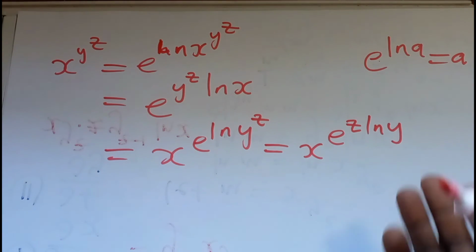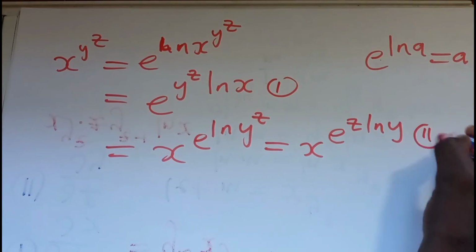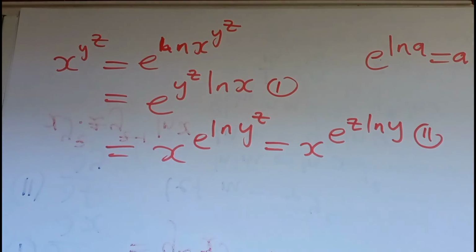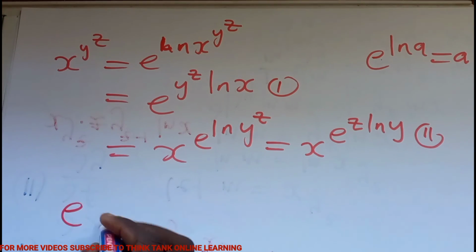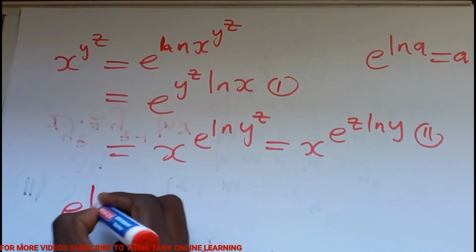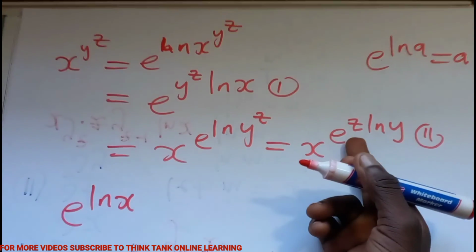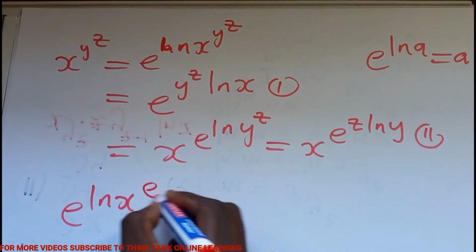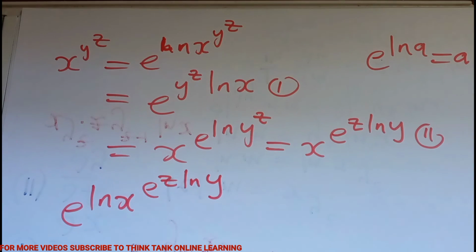It's another form. So this is one way, two way. Then we can say e to the power ln x, so this is equal to 1. Then after that I'm going to substitute this, so it's now going to be e to the power z ln y. As you can see, it's just the same.